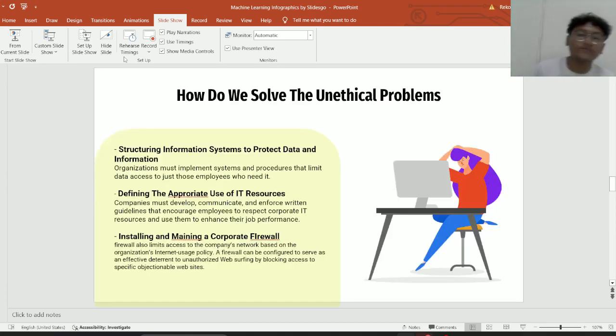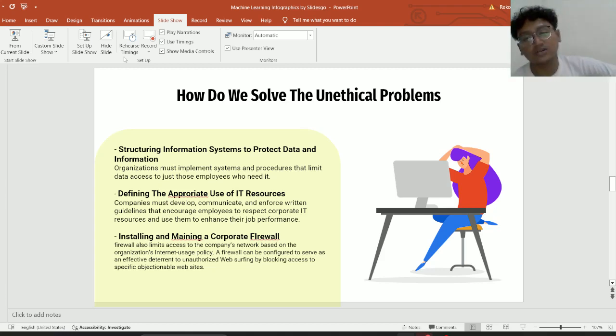And how do we solve the unethical problems? Okay, I'm gonna talk about it. First of all, this is from the perspective of the company. Take for example when we have a company, how do we solve the unethical problems in IT companies. So first of all, structuring information systems to protect data.